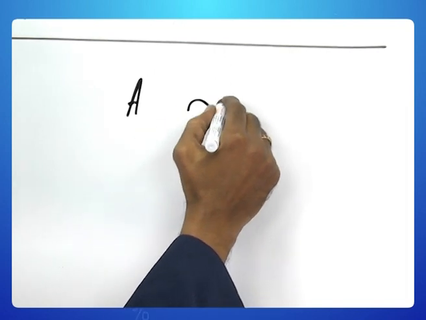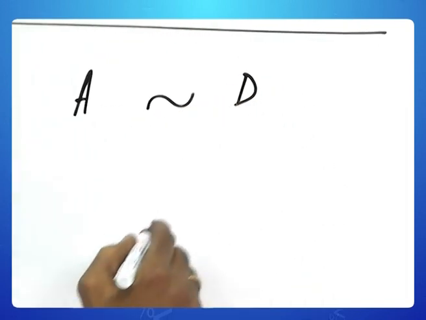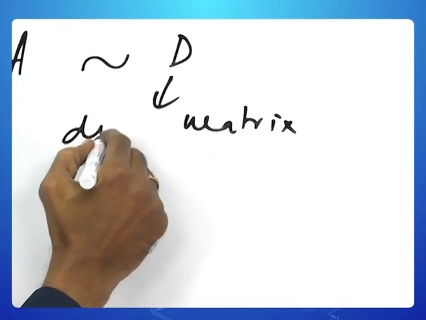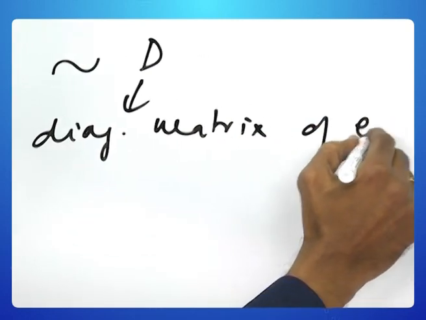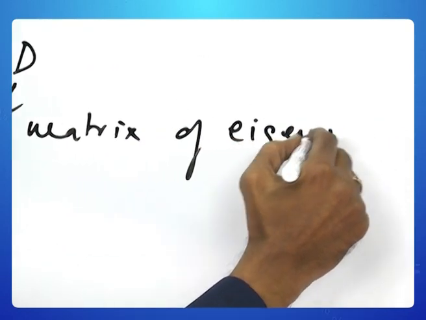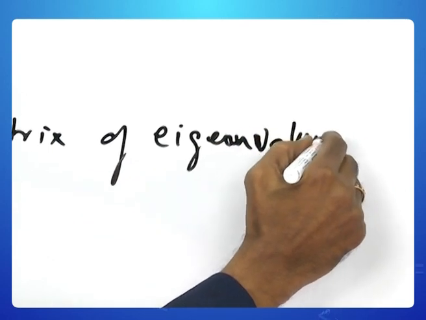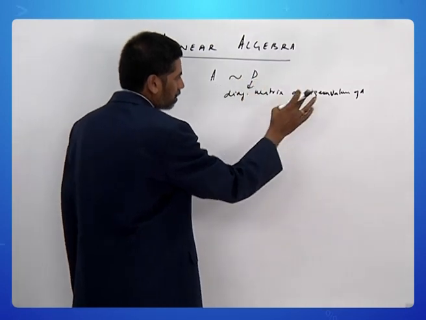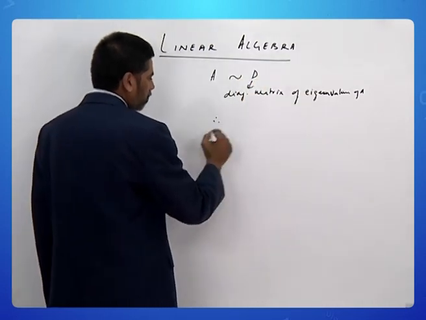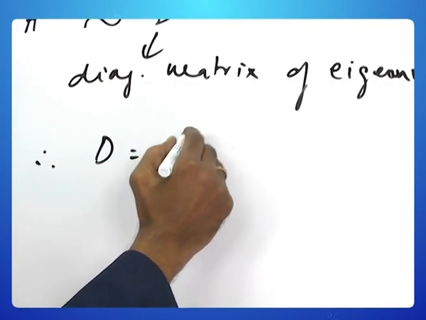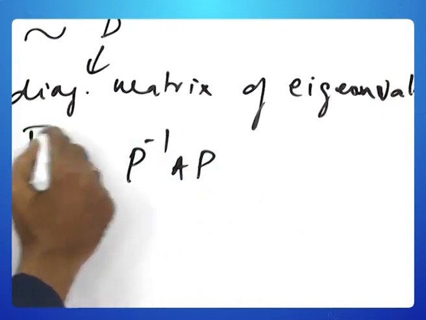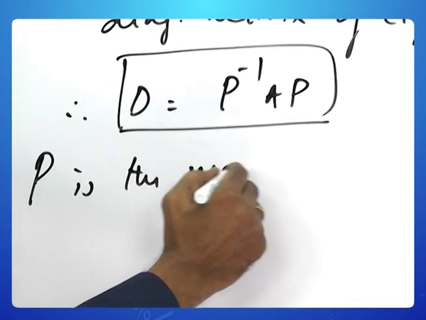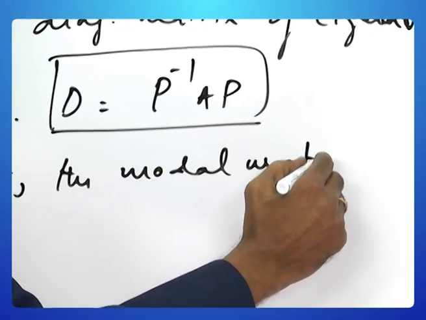A will be similar to the matrix D. This is the diagonal matrix of eigenvalues of A. So, every square matrix will be similar to the diagonal matrix of the eigenvalues of A. Therefore, we can write D is equal to P inverse AP, where P is the modal matrix of A.